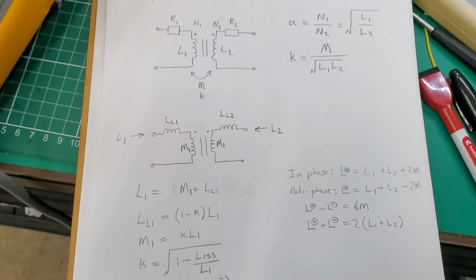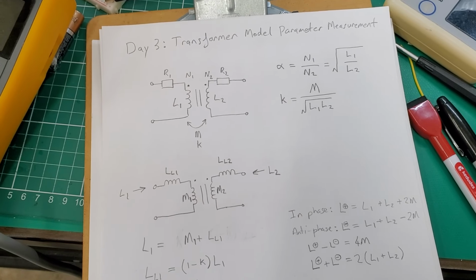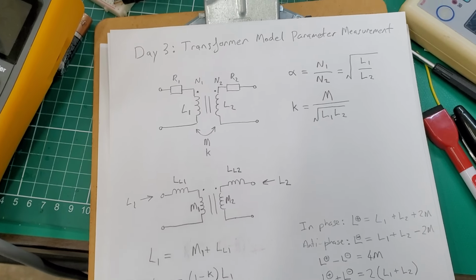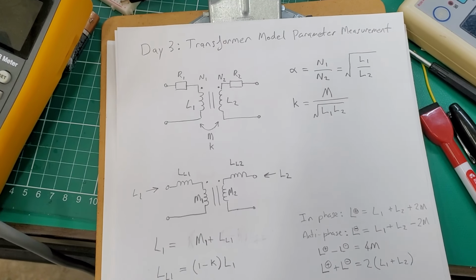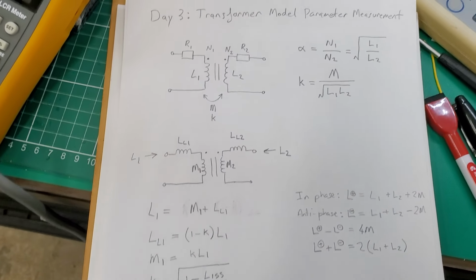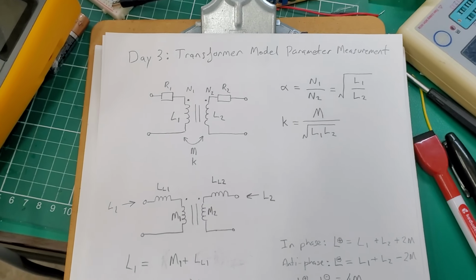The useful thing about this is that it gives you a number between 0, absolutely no coupling, and 1, perfect coupling, and you can use that to work out a whole bunch of interesting things about the transformer.